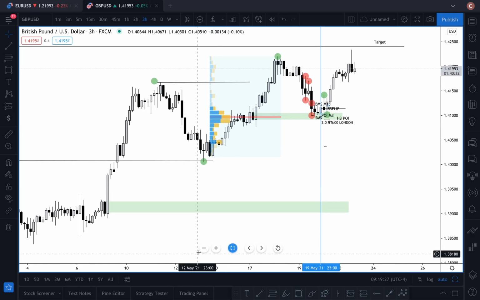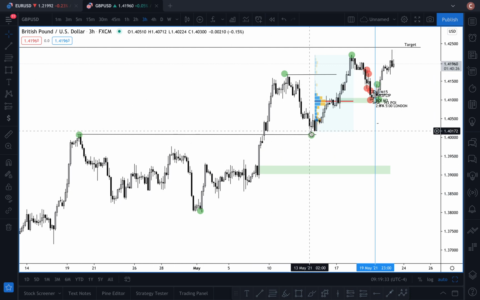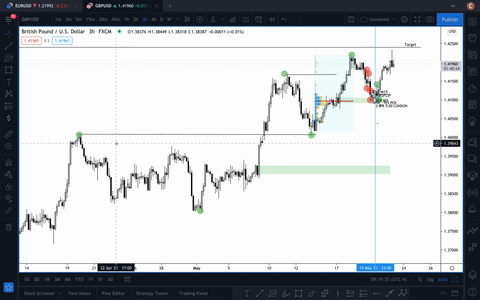So now check what happened. I was watching structure, the way structure was playing. For the first time when market came to the downside, market respected the continuation pattern. When you talk about the continuation pattern, we have an RS flip, then from the RS flip we have an SR flip.